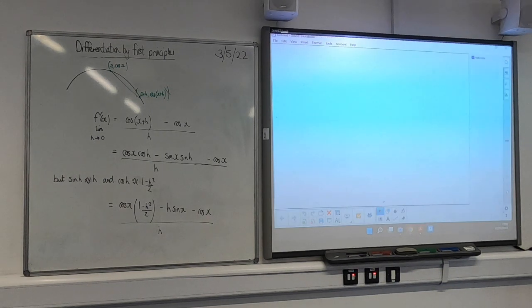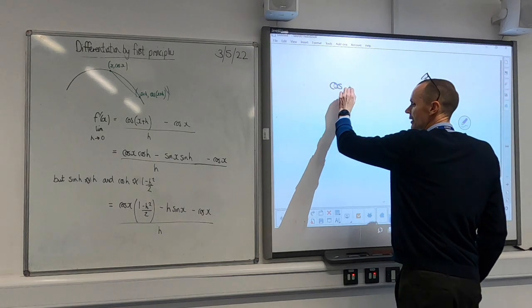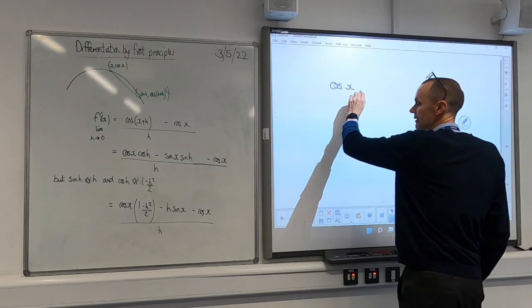And that's quite a nice drill because it uses small angle approximations, uses the sine A plus B formula, and revises first principles. So it's quite a nice cover-all thing to do.